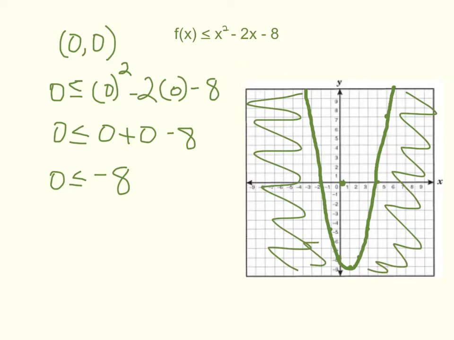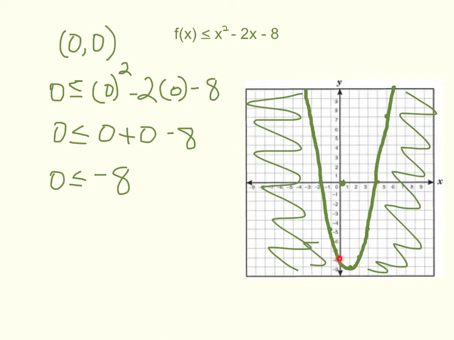Now there's another method that I like to use, and I taught this to you when we did linear inequalities, and it works the same for quadratics. I find my y-intercept, and I know that my y-intercept is at y equals negative 8.